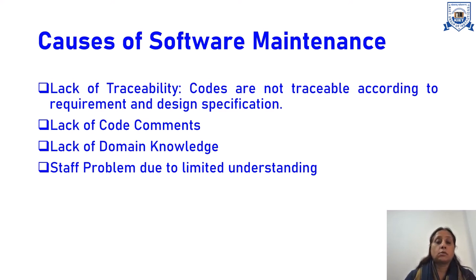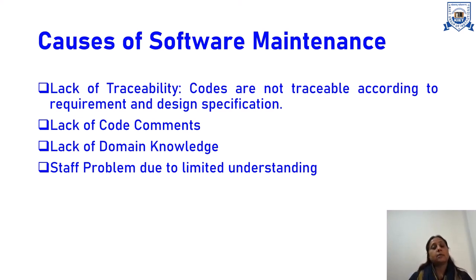What are the causes of software maintenance? Lack of traceability. When we discussed requirements engineering, analysis and design, specification, we discussed that requirements must be traceable in the subsequent phases.